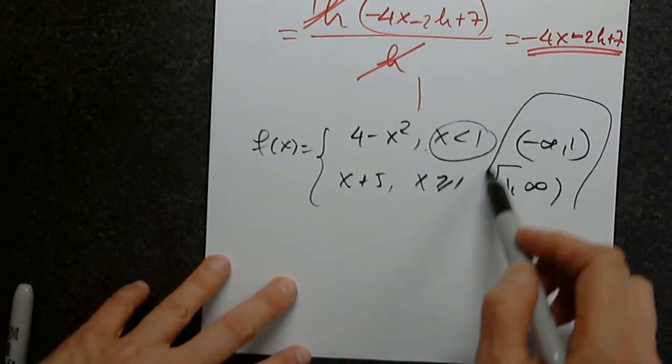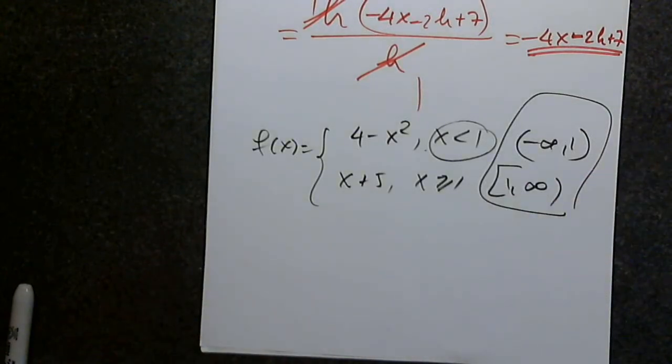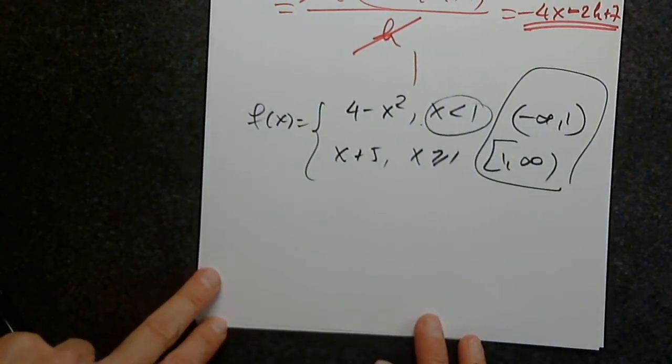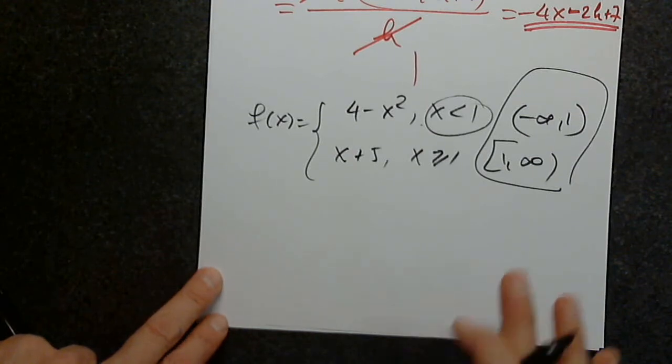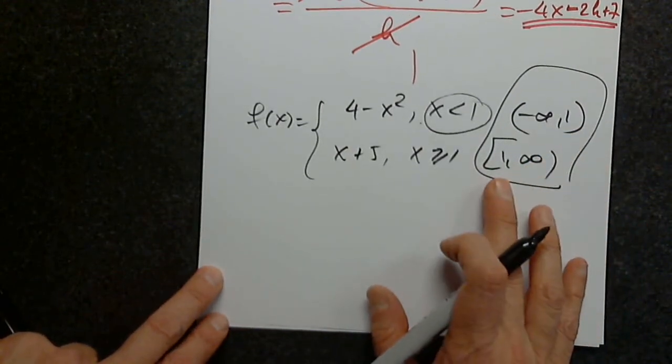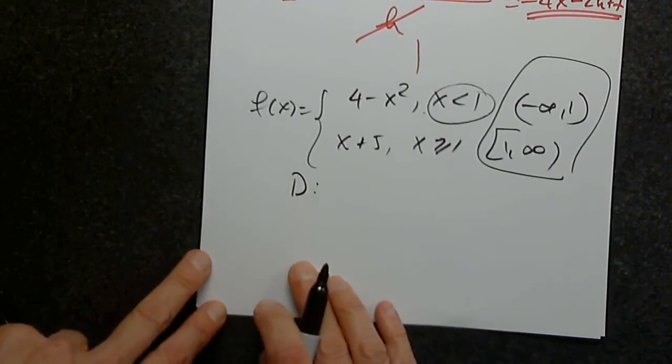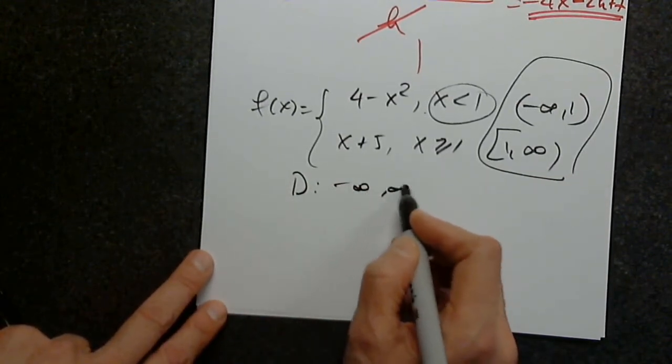So now let's establish the domain of this function. It has negative infinity to 1 and everything from 1 to infinity. What would be the domain of this function? Negative infinity to infinity. Excellent. Thank you very much.